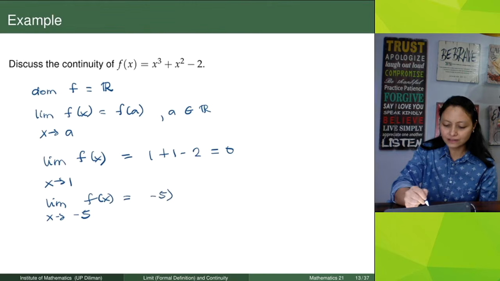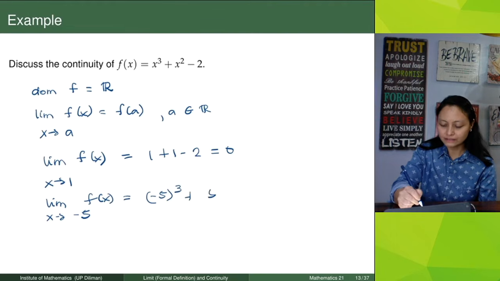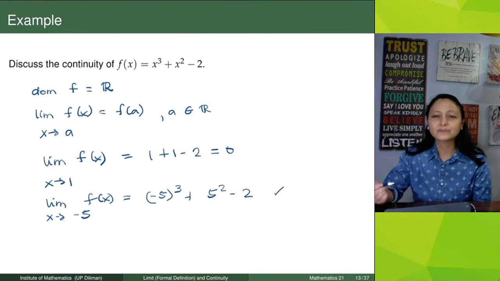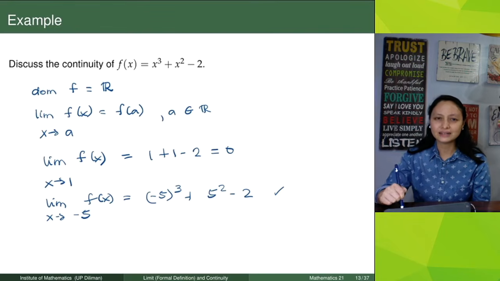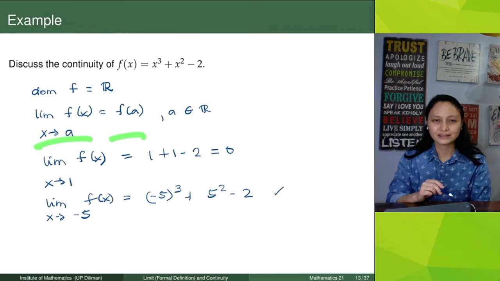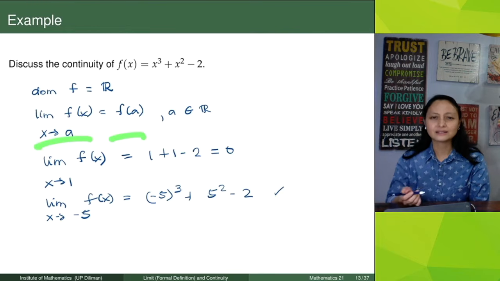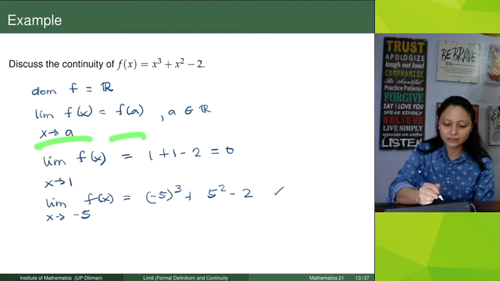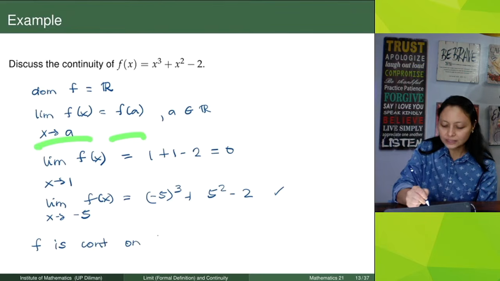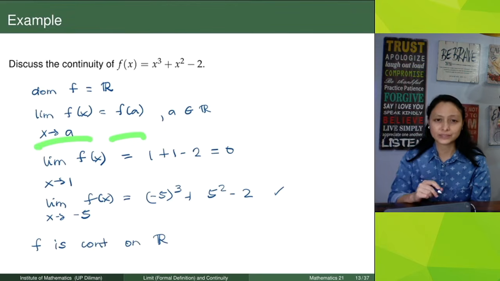So this is negative 5 cubed plus 5 squared minus 2. Again, the limit exists. Actually, the limit will exist for any real number and it is equal to f of a. Okay? So technically, the three conditions for continuity at a point are satisfied. Therefore, we say that f is continuous on the set of all real numbers.